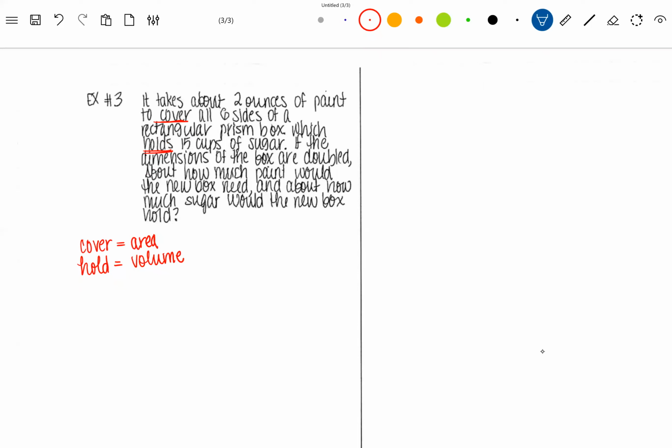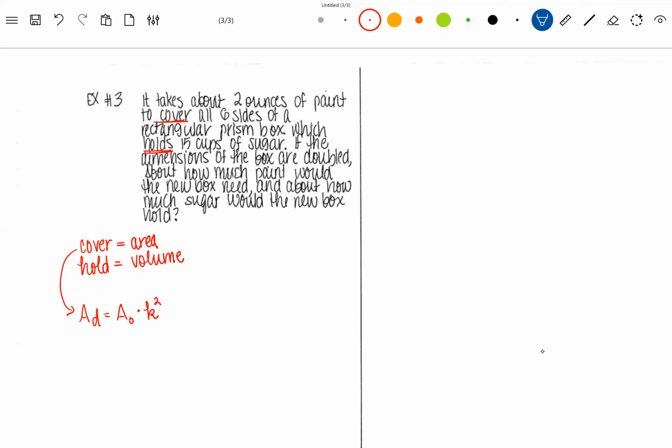Okay, so let's do the area first. Area of the dilation equals the area of the original times k squared. It's k squared because it's area. Okay, so the 6 represents the 6 sides of the box. So that 2 ounces is the original. It says if the dimensions are doubled.